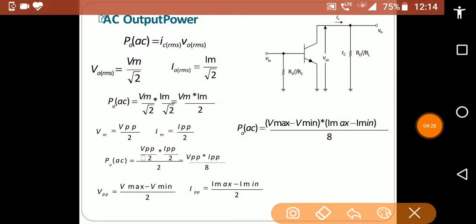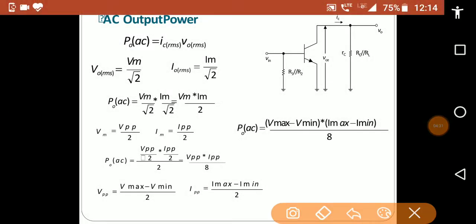Now let us calculate the output AC power, POAC. POAC equal to IORMS into VORMS.